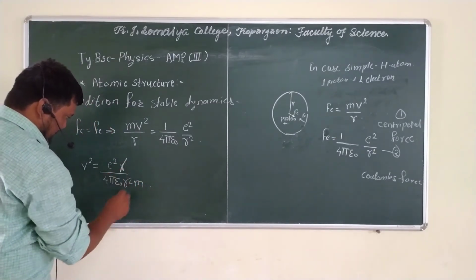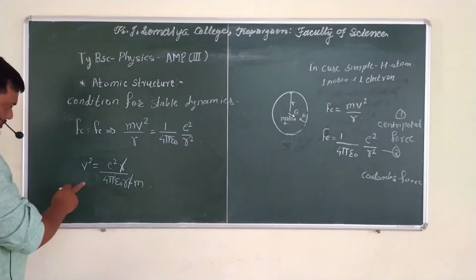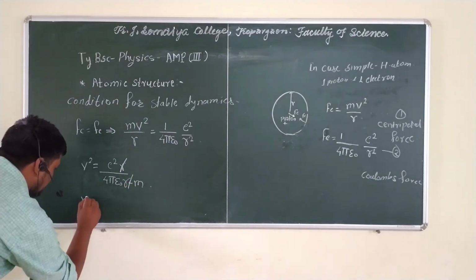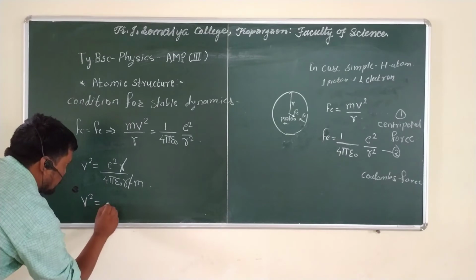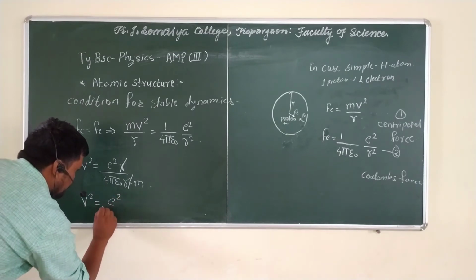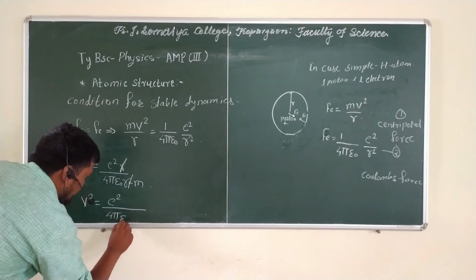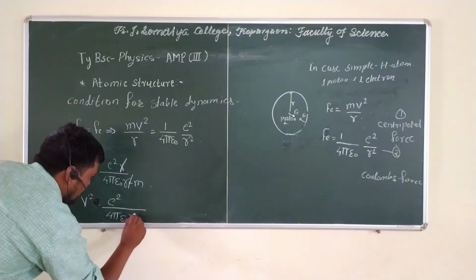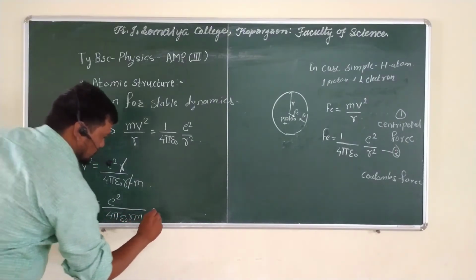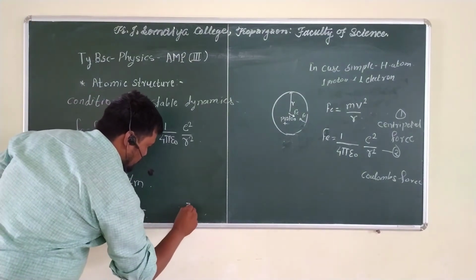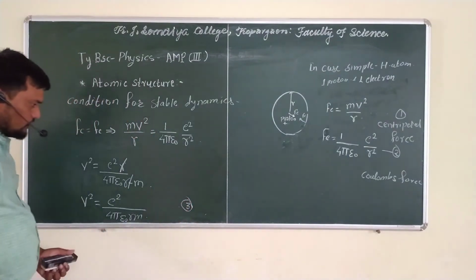One r cancels against another, so the remaining part is v square equal to e square divided by 4 pi epsilon naught r m. This gives equation number 3.